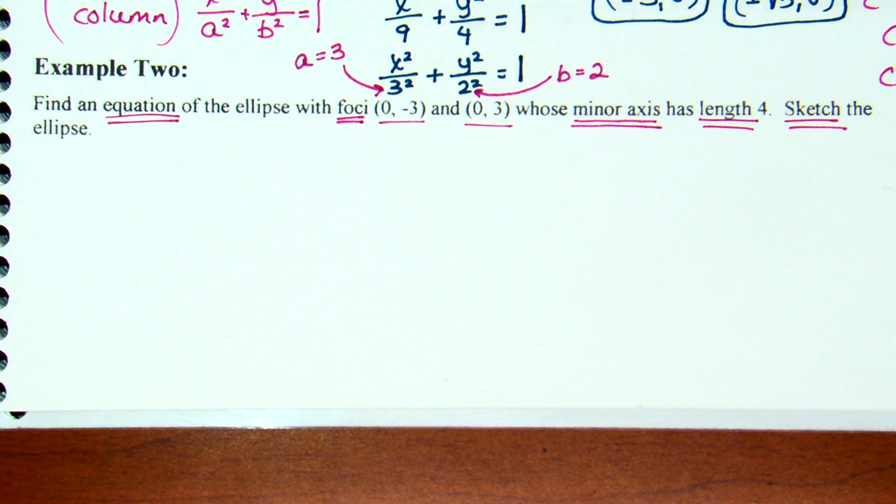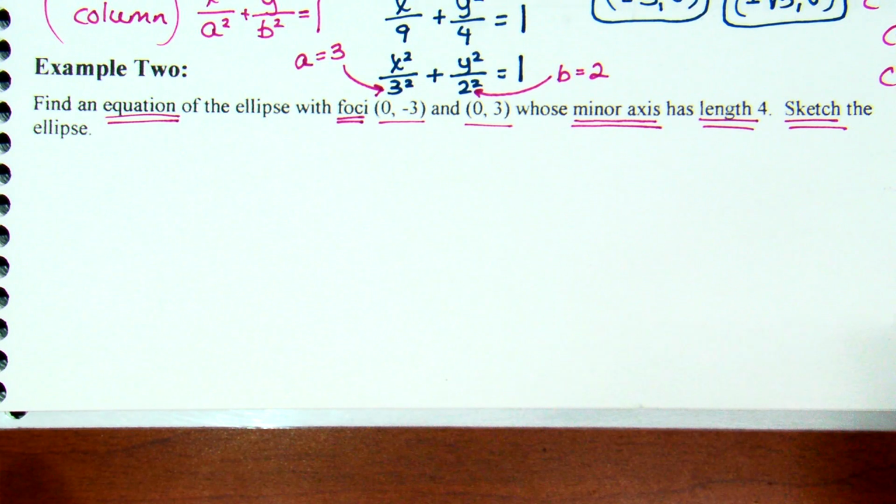Well, it looks like that because the foci is 0 and then numbers, that it might be the second column down. So it's being suggested to me that this ellipse is from the second column up above, as we are looking at the foci. And I agree that this is going to be a right column problem because my foci are 0, -3 and 0, 3.